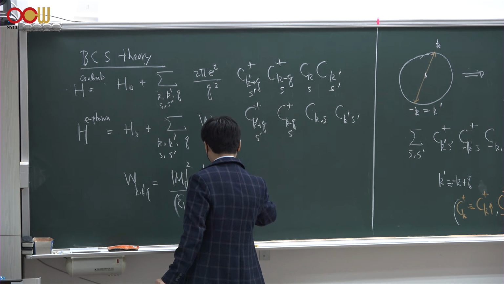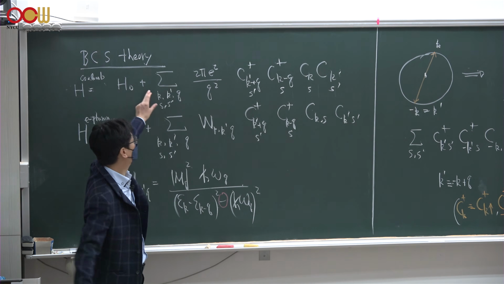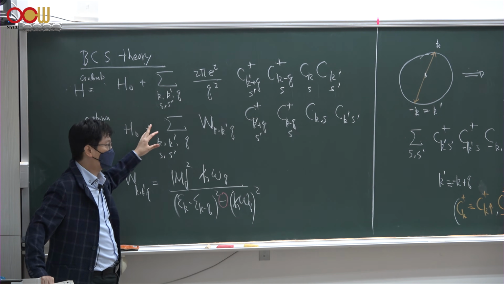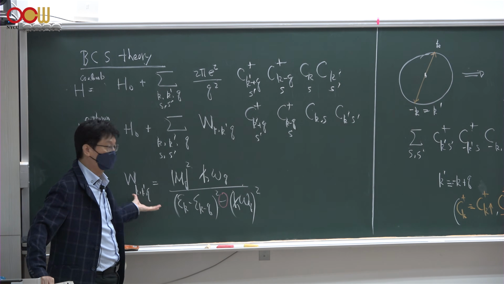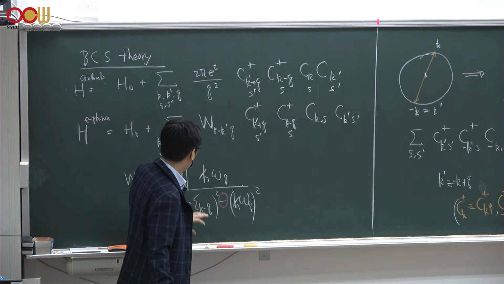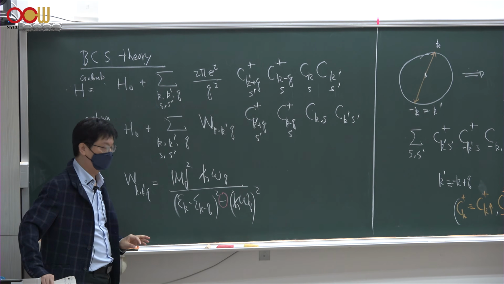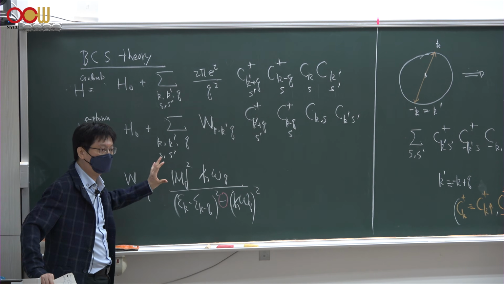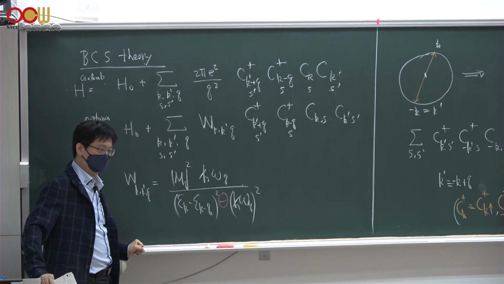Okay, so the difference between this Coulomb interacting electron gas and electron phonon mediated attraction between two electrons is simply due to the different forms of the potential term. And we should replace this Coulomb potential by this electron phonon mediated electron-electron attraction like this. Other than that, they are identical.